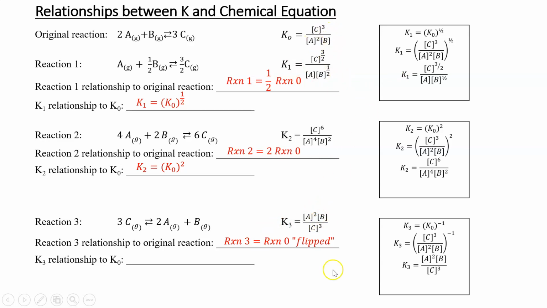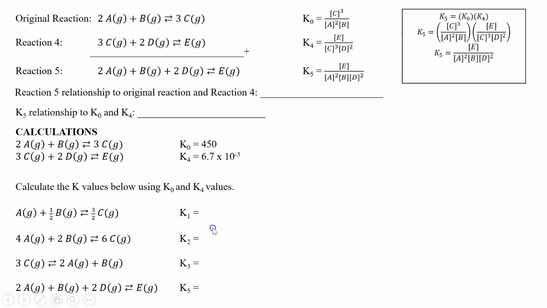So K3 is K0 to the -1 power. It's the inverse, 1 over K0. This results in the whole thing being flipped upside down, where C cubed becomes the denominator and A squared B becomes the numerator.